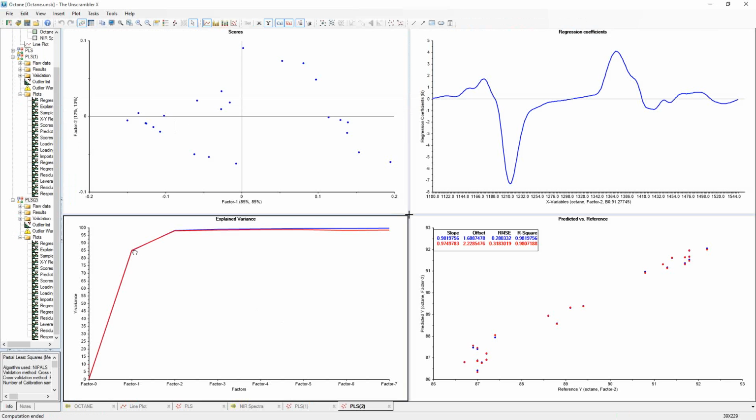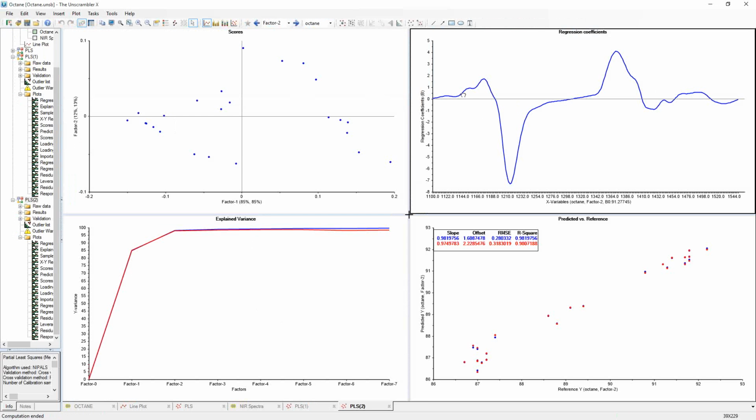Now I have a very nice, clear two-factor model. My regression coefficients make a lot of sense. We've got peaks in our CH bond region, so we're looking at branching, and a little bit over here in that OH and some of our other carbon-carbon regions.